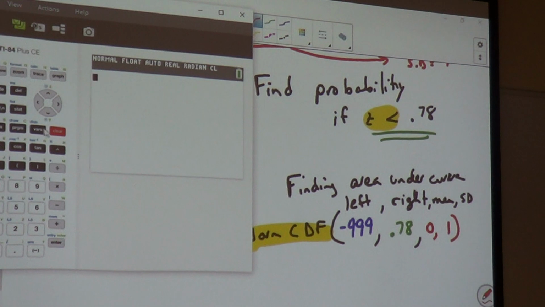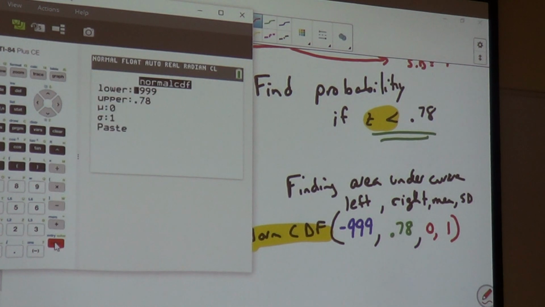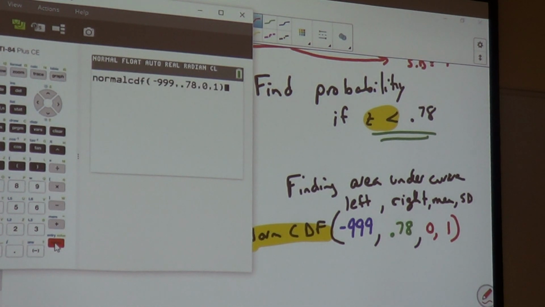Ooh, I just did the inverse norm. Second VARS. Normal distribution. Okay. When you get on your test, this is what it's going to look like. Let me back up so I can show you, so we can get used to typing it in this way.